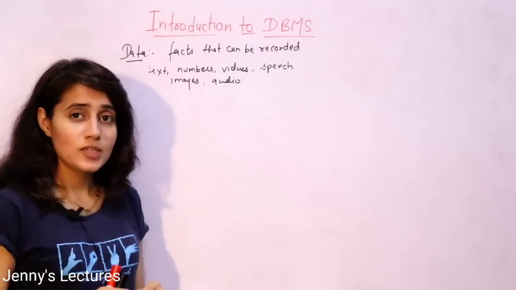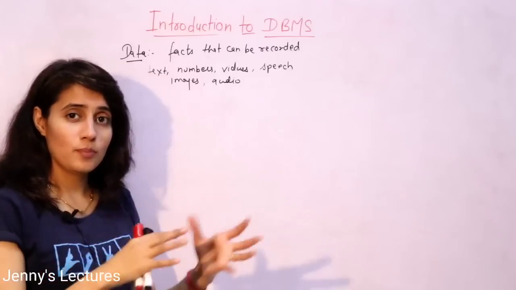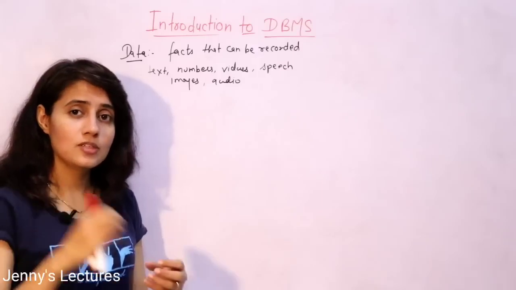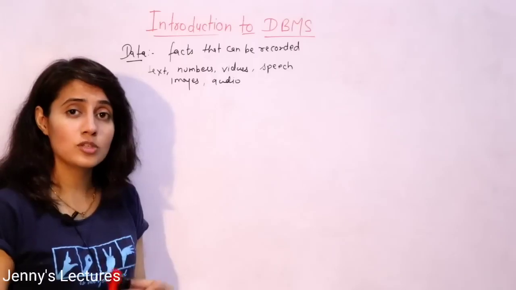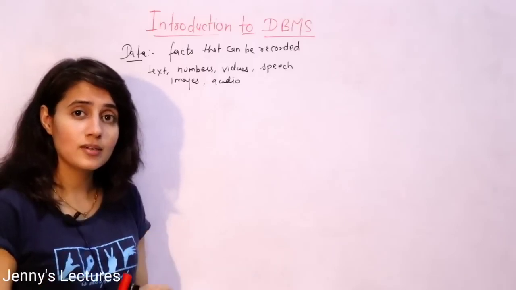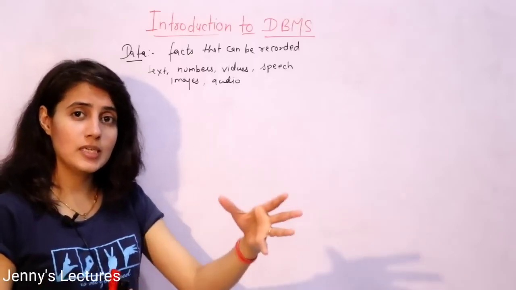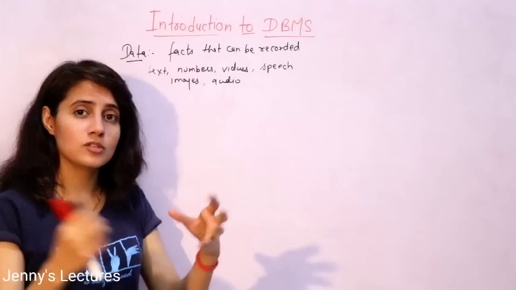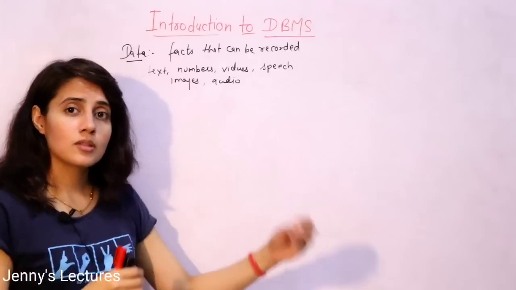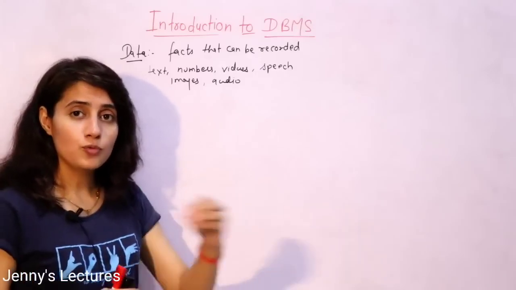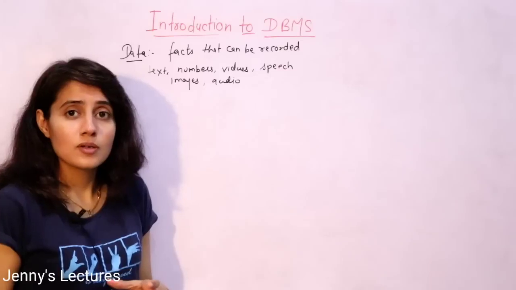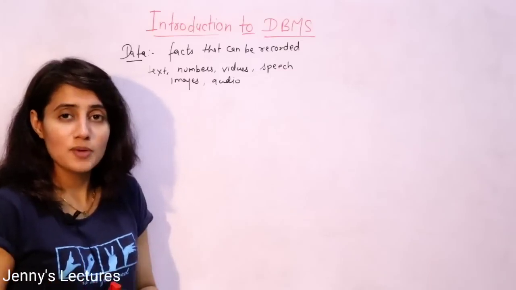Sometimes you have noticed that when you open a shopping site, they suggest products to you. How do they suggest them? Because they have recorded what you have seen. According to that, they suggest products similar to the product you have viewed. So they have the data, the information about you.